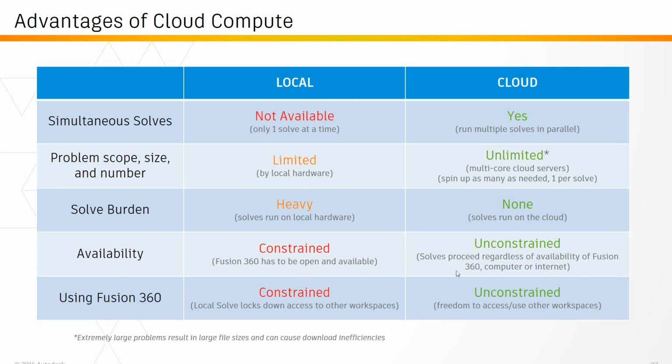And the availability is really, you're not going to run into any walls or any limits as far as the availability of these cloud solves, except as far as cloud credits go. But as far as the resources themselves, you're not going to run into a problem with that. And again, unconstrained, you can look up these solutions elsewhere.